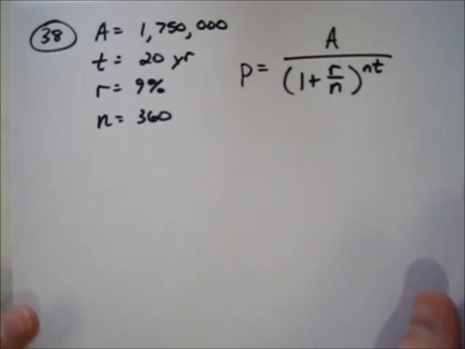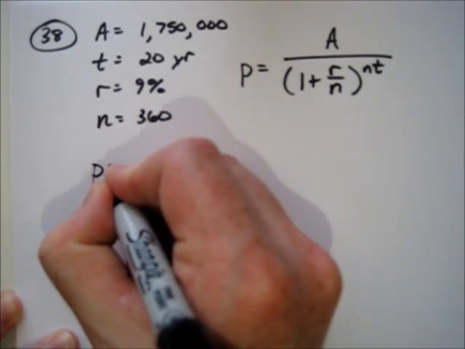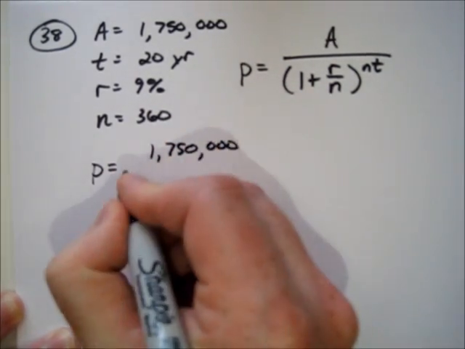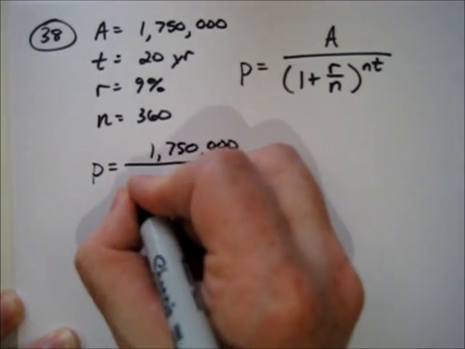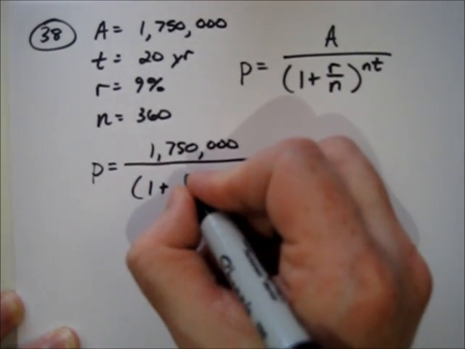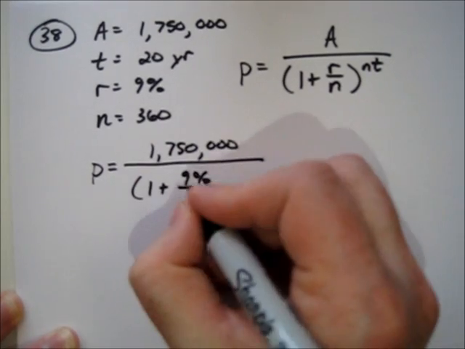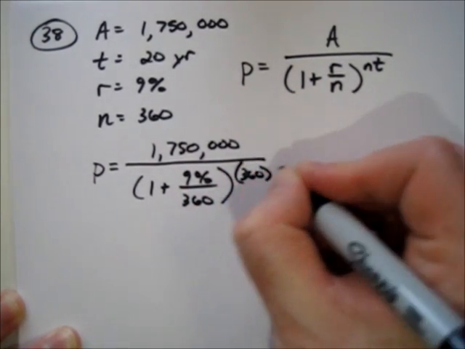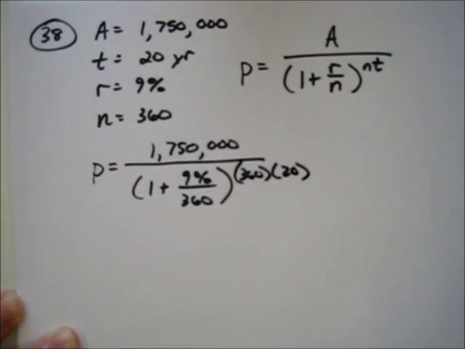So if I take that formula and plug all the numbers in the right place, I'm going to have 1.75 million in the numerator, 1 plus 9% over 360 raised to the 360 times 20 power.